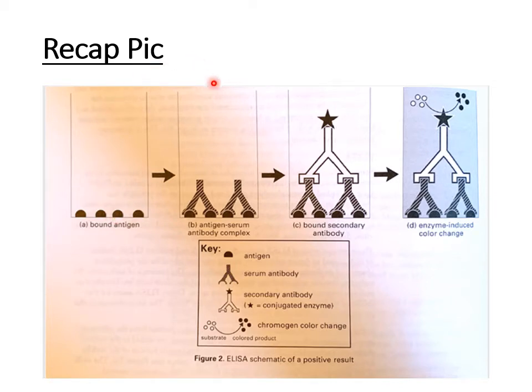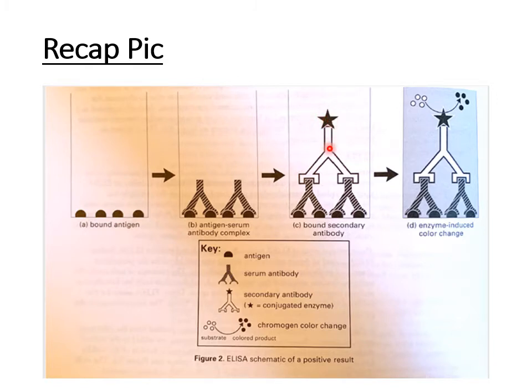Then the second step is you add the patient's serum. If the patient is infected, then their body has produced antibodies that match the pathogen you're testing for. So the patient's primary antibodies will bind to the antigen. You then wash out any excess and you apply the secondary antibody, which you note has detection on top, in this case HRP.